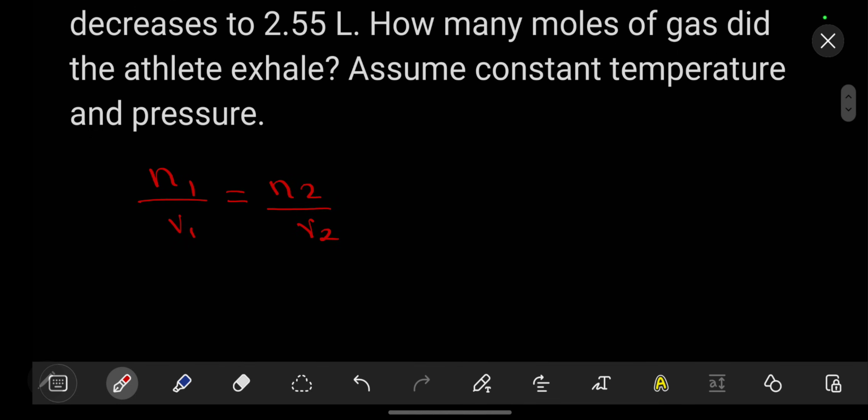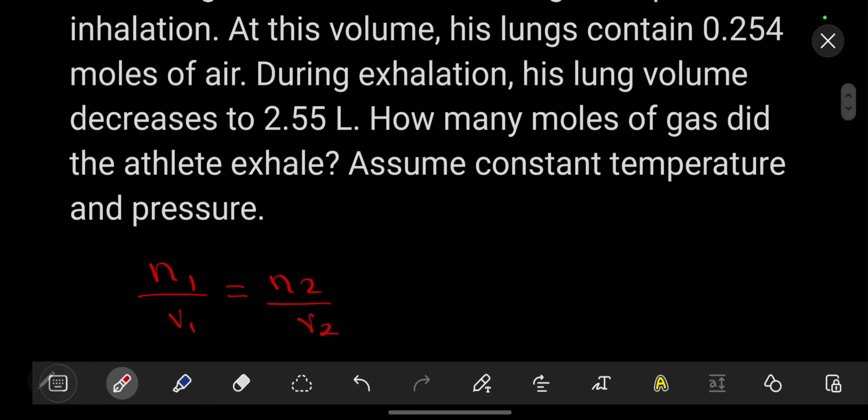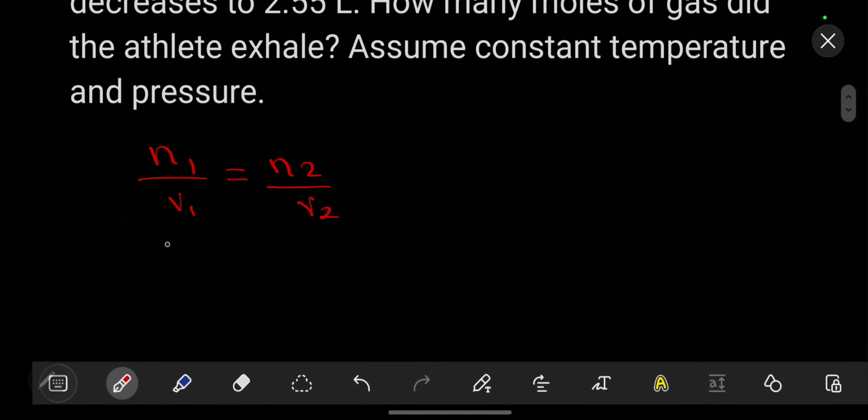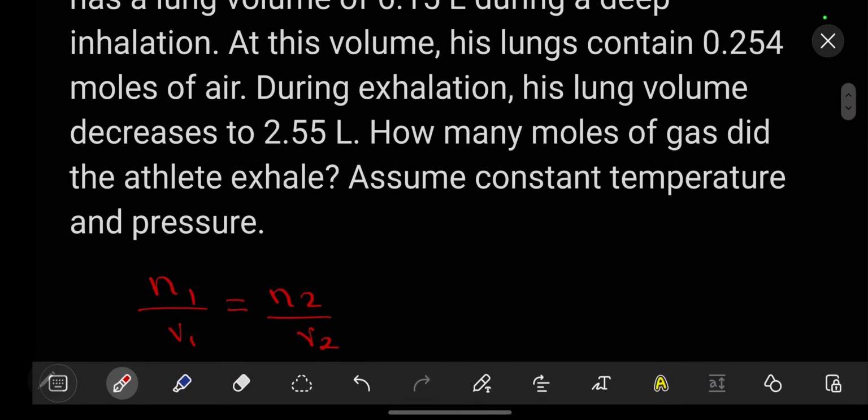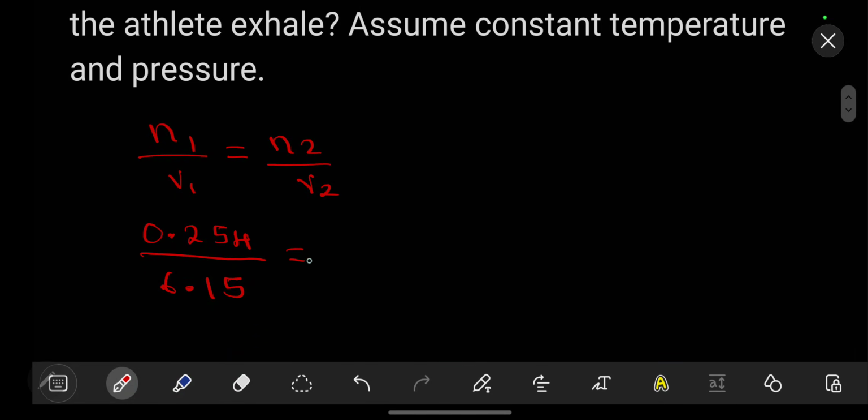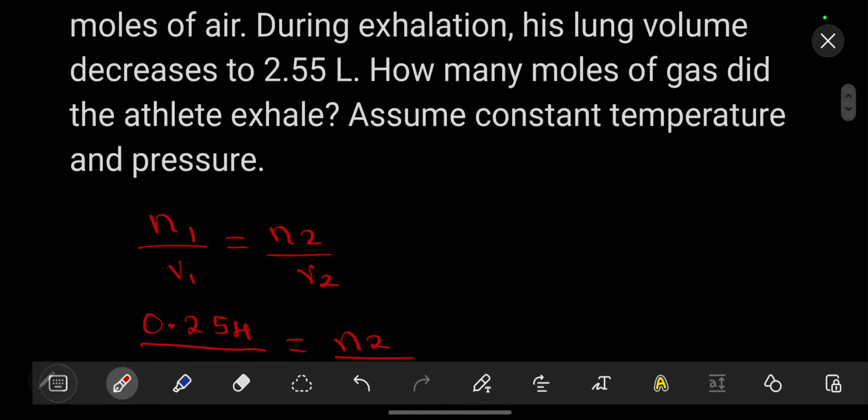Our first number of moles is 0.254 over our volume of 6.15. We equate this to our number of moles number 2, which we don't know, over our volume number 2, which decreased to 2.55 liters.